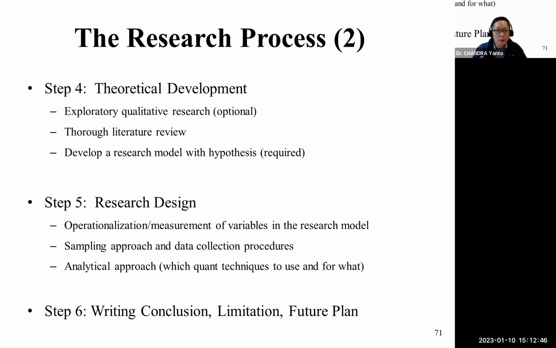And then you go to the next part. You need to think of your research design. You think of, how do I operationalize that model with a hypothesis? You need to say, what variables do I need to measure, and how do I precisely measure that? There must be some items to measure them, or some mechanism to test or to manipulate this if you are doing some experiment, right?